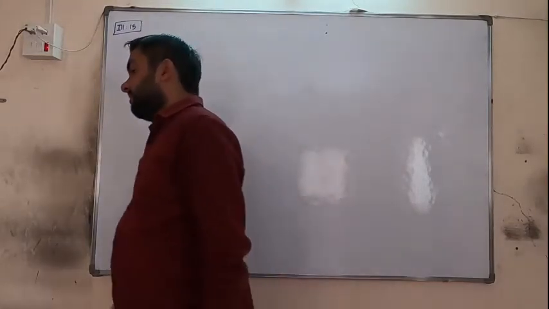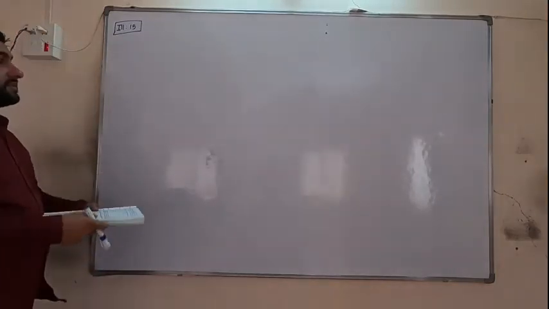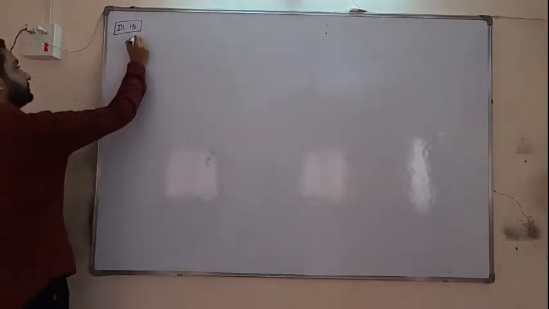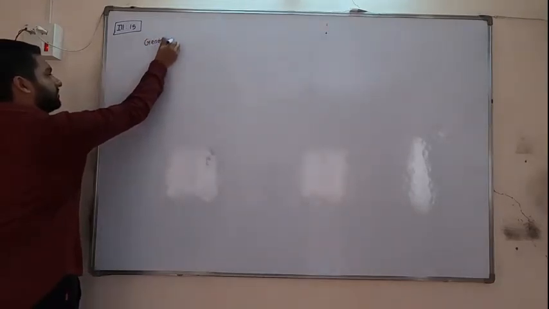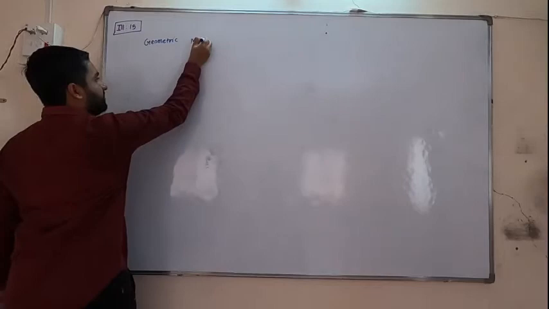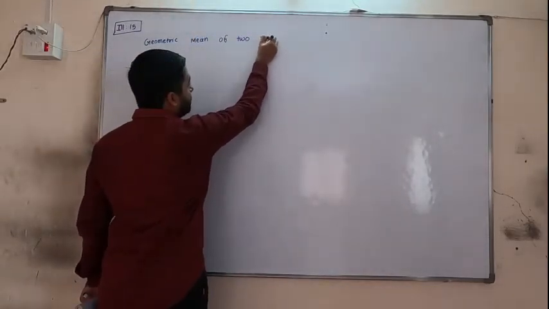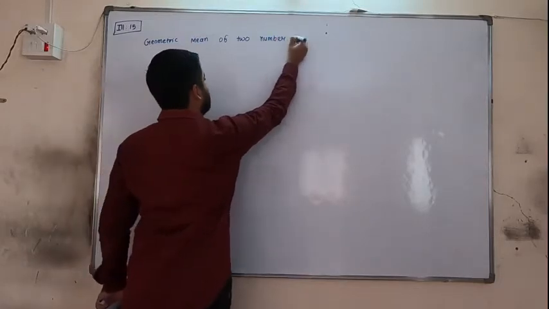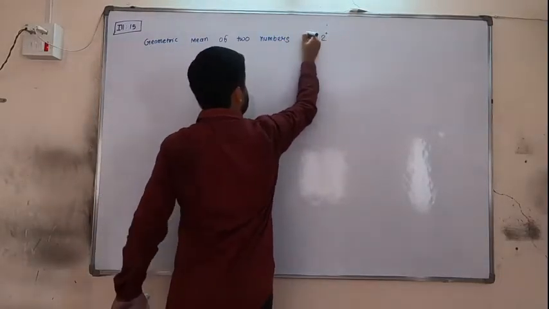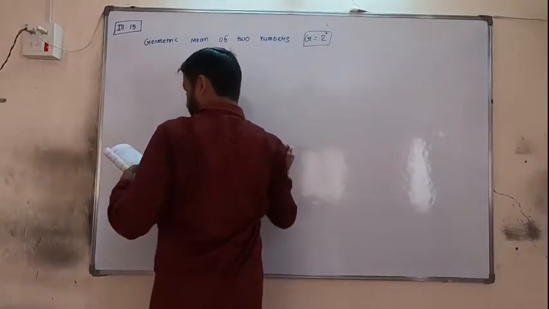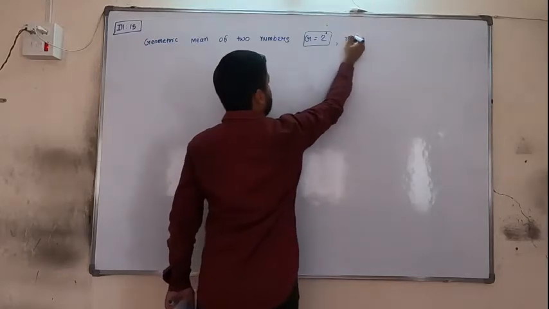Okay. What are they telling? Geometric mean of two numbers is 2. So G is equal to 2, n is also 2.